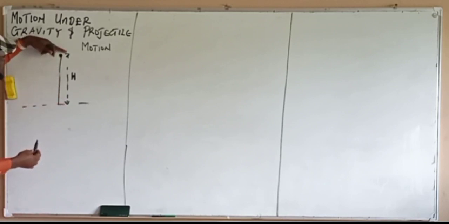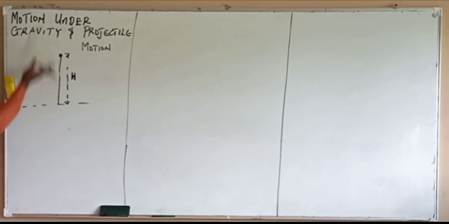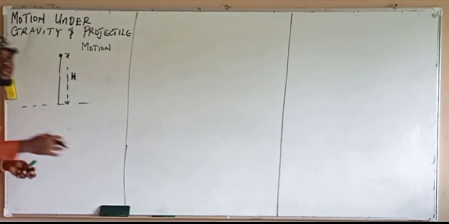This highest point the body can get to, if a body is thrown vertically upward, is called the maximum height of the body. The time taken to get to the maximum height and come back to the starting point is what we call the time of flight of this motion.